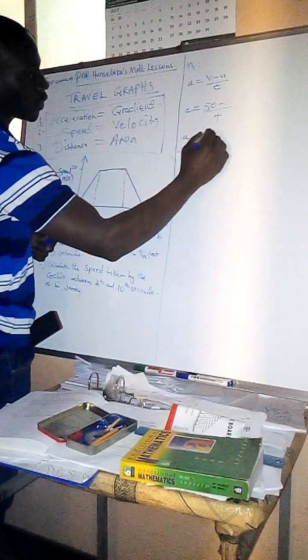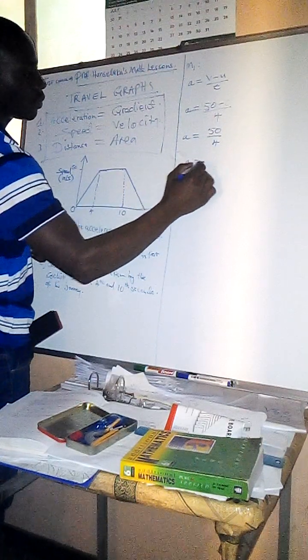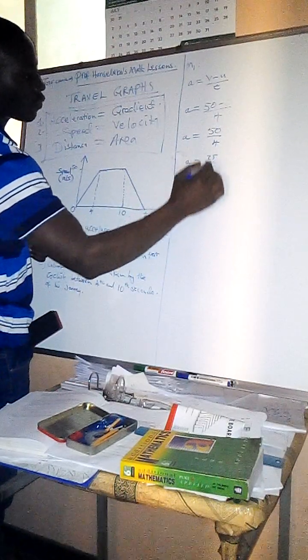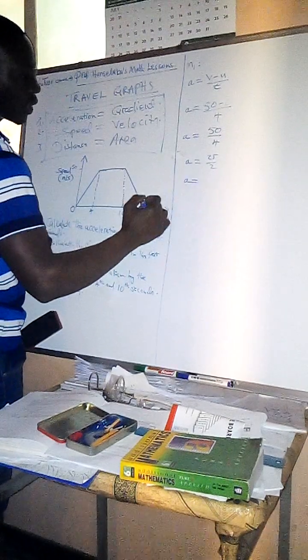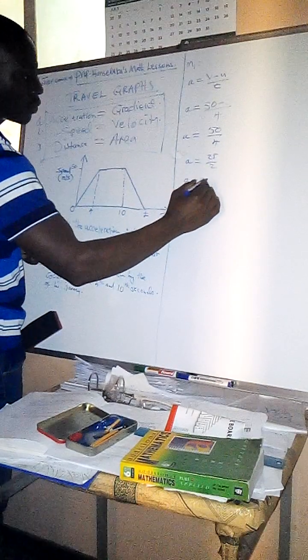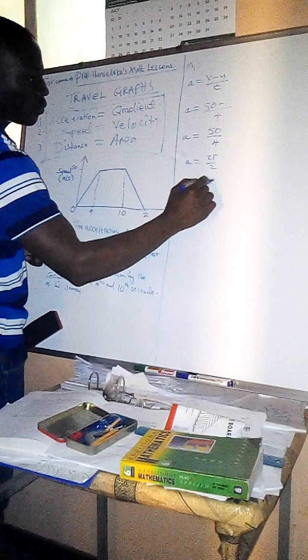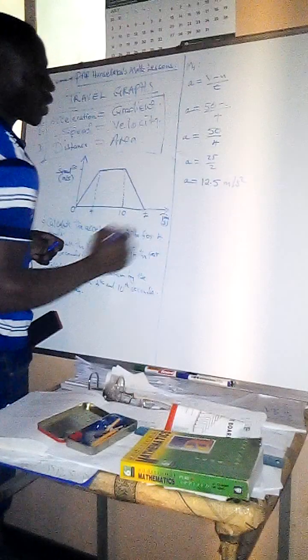50 minus 0 is 50, divided by 4. 2 into 50, that's 25. 2 into 4, that's 2. And of course, you have acceleration is equal to 12.5 meters per second squared.